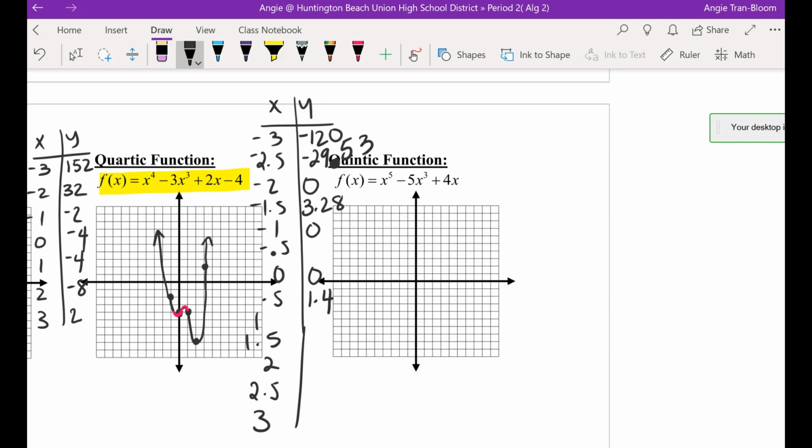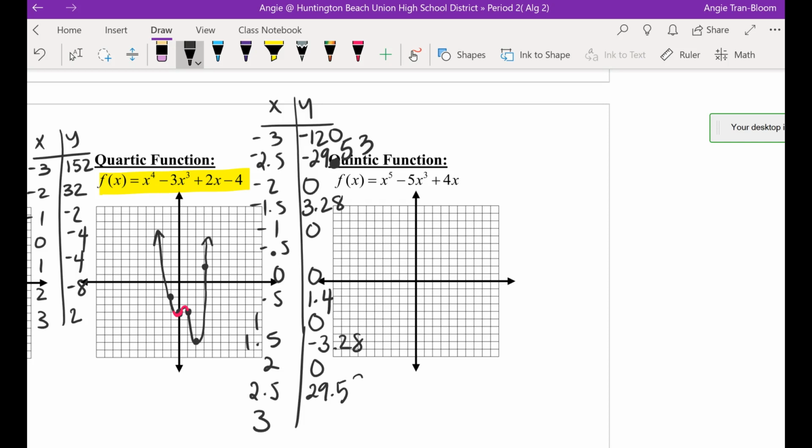When x is 1, what did the calculator say? 0. When x is 1.5, Roger? Negative 3.28. Thank you. When x is 2, Daniel? When x is 2.5, Aaron? 29.63.